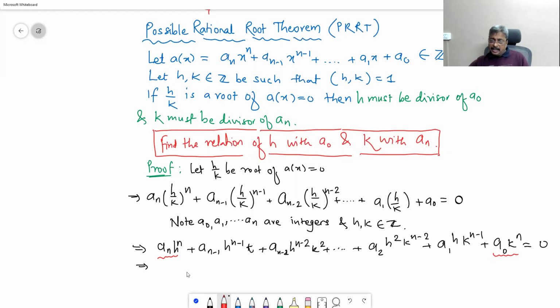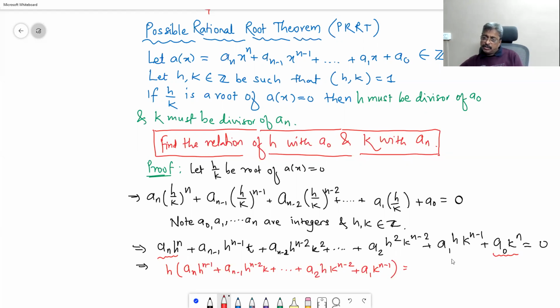What I get on the left is all terms with h as a common factor: h times [an h^(n-1) + a(n-1) h^(n-2) k + ... + a2 h k^(n-2) + a1 k^(n-1)], which I can transpose to the RHS as minus a0 k^n.